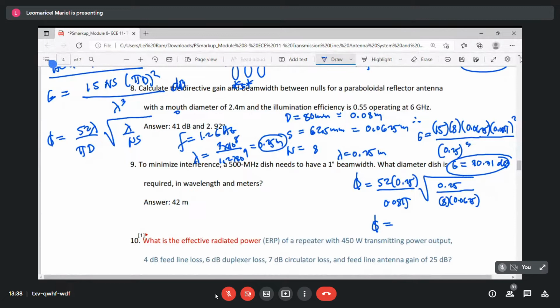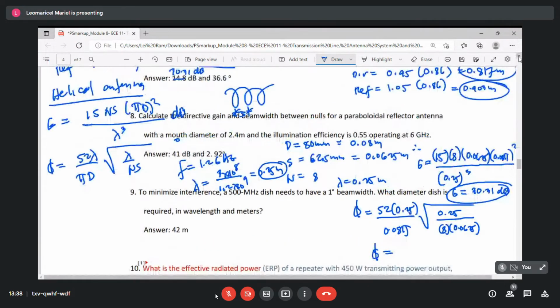Ilan ang beam width? Iba din siguro yan, kasi baka namali ako lagay. 36.6. O, yun, tama pala.